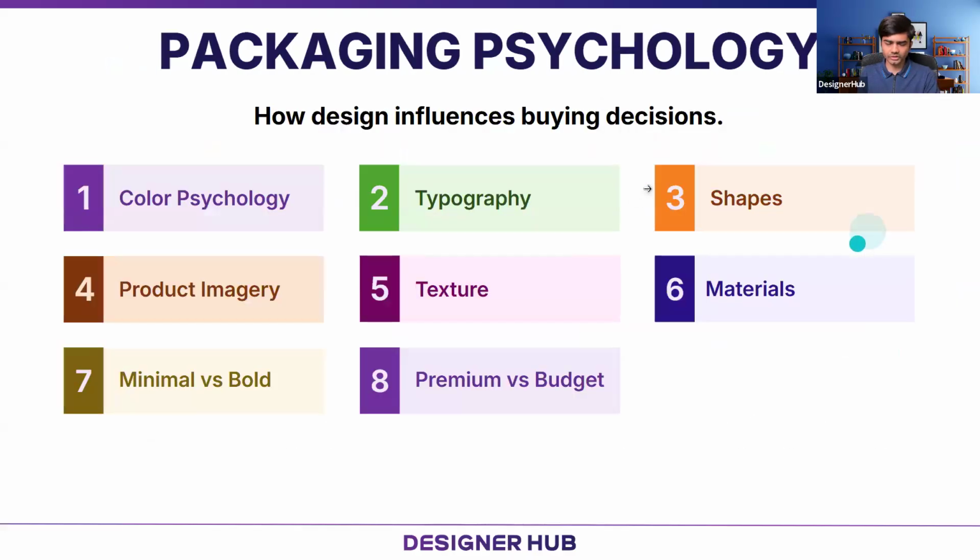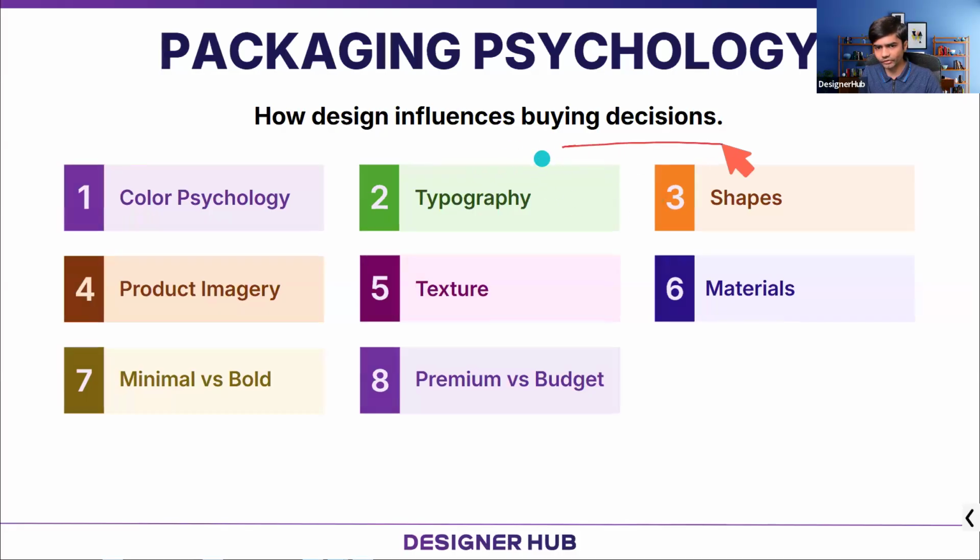Now, the psychology. This is another important part of packaging: how design influences buying decisions for people. Okay, so one, the color psychology works, the typography works, the shapes that you use also work a lot. Then the imagery on your product packaging also makes a lot of impact. The texture of the product, like the materials that you're using, also makes a lot of impact.